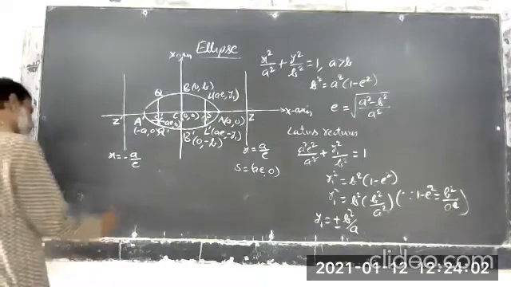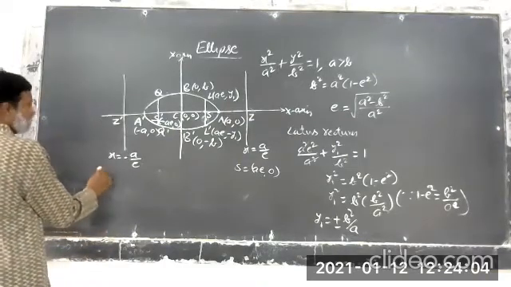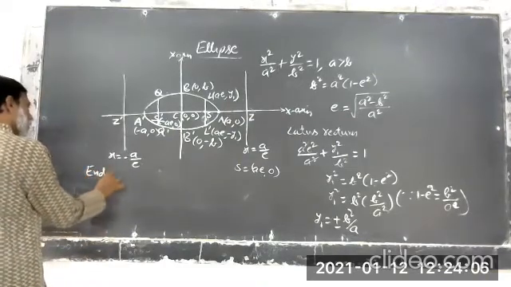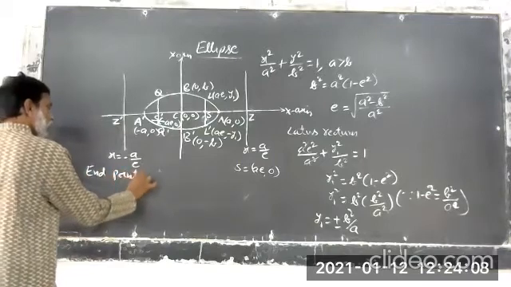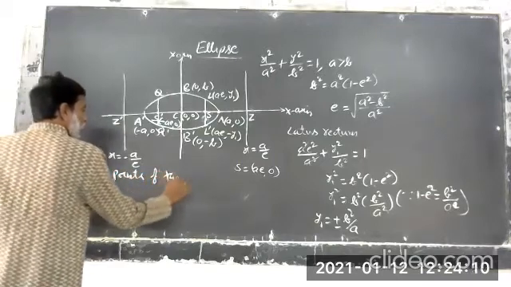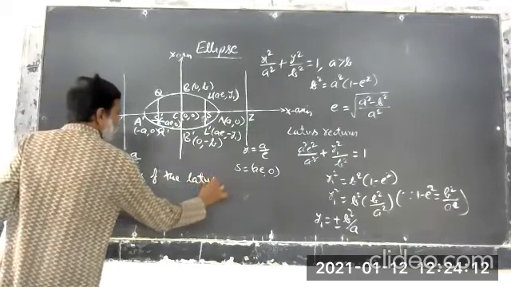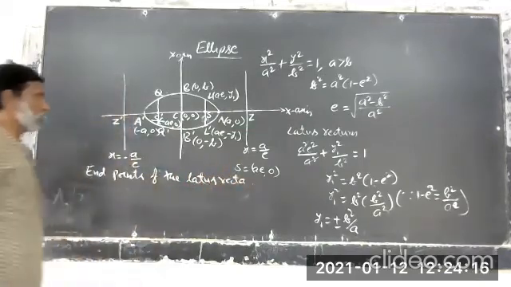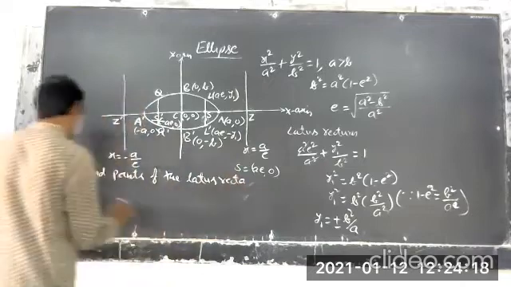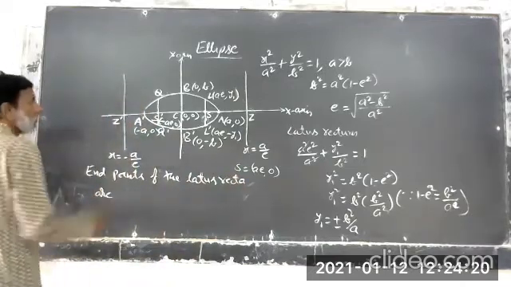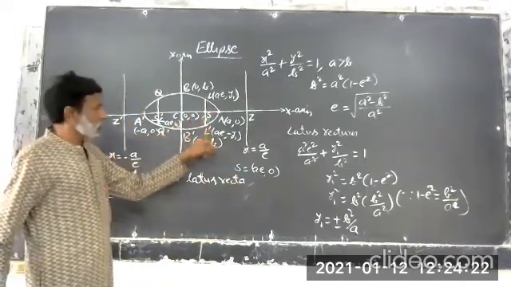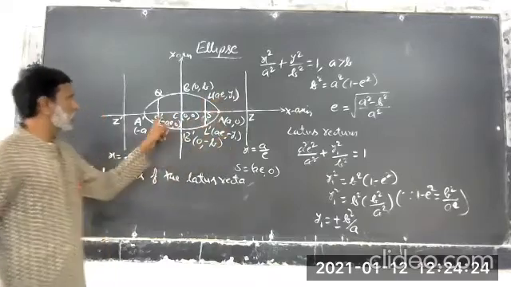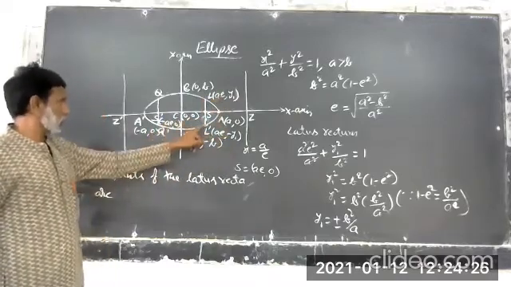Therefore, what are the endpoints of the latus rectum? For each latus rectum you have two endpoints, and there are two latus recta.